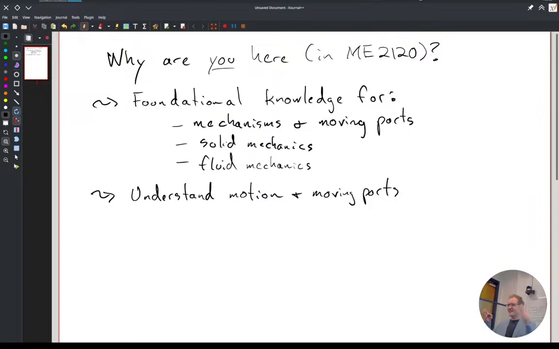Not all totally groupthink yet. I don't think yet. There's something different that came up. So this is it: build a foundation, understand motion. Those are the two things that we want to do.